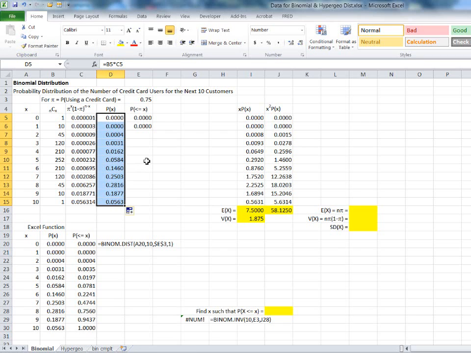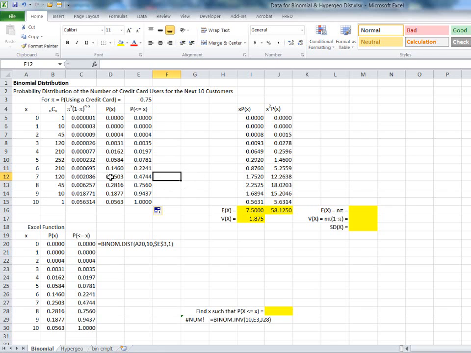Okay, and so now I have a probability distribution, and I can make a cumulative probability distribution by adding up all these probabilities. So using the binomial formula, we can come up with a probability distribution if we know the probability of success and the number of trials.